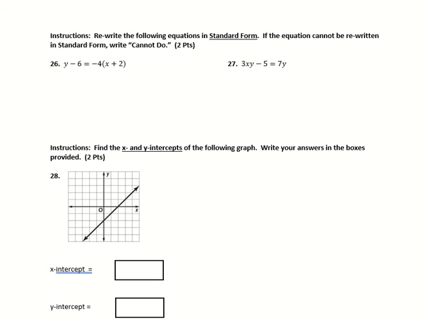Number 26. Y minus 6 equals negative 4 times the quantity x plus 2. Number 27. 3xy minus 5 equals 7y.